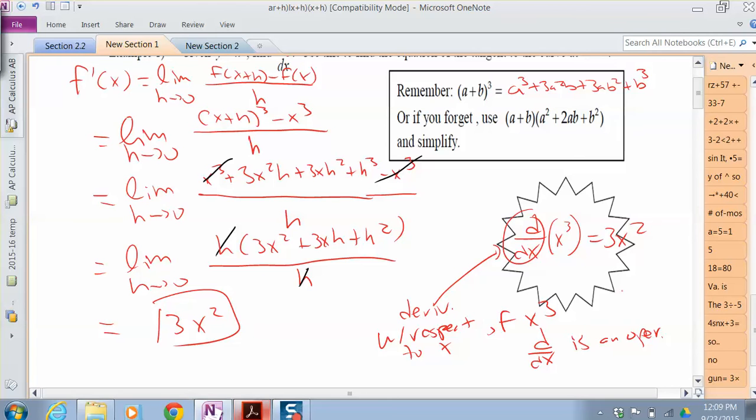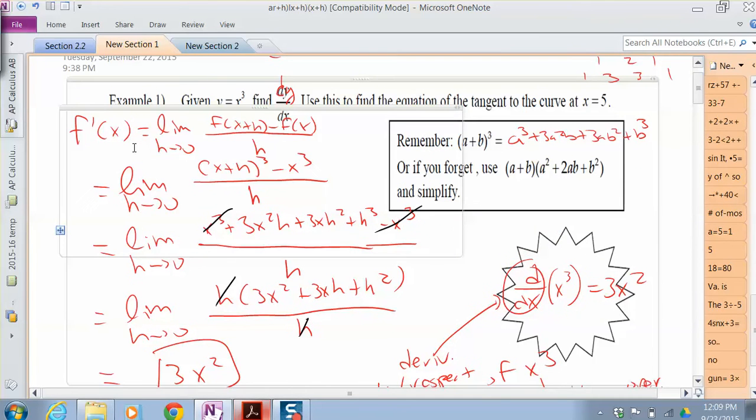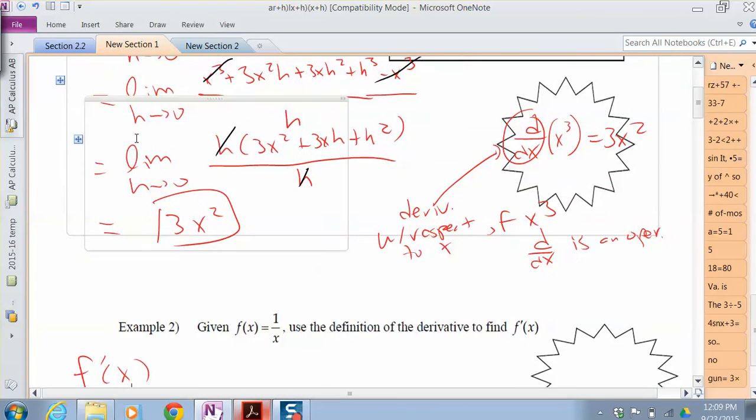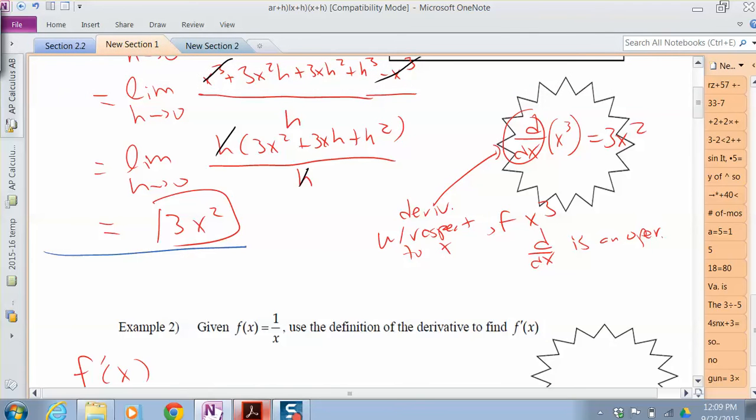Okay, moving right along, let's go to example 2. So again, we're asked to find the derivative. Oh, silly me. I forgot that we had to find the equation of the tangent to the curve at x equals 5. So let me do a different color here. Our slope at x equals 5, of course, is going to be 3 times 5 squared, or 75.